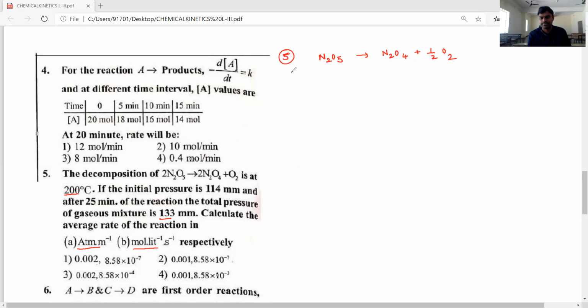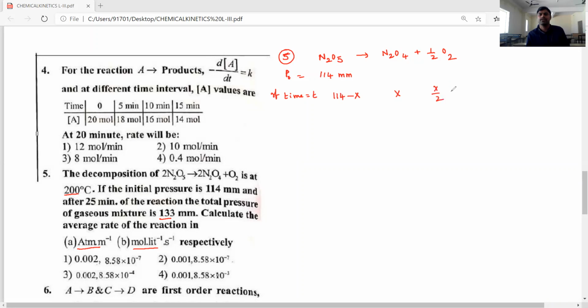Now the initial pressure P naught is equal to, initially only N2O5 is present, so its pressure is equal to 114 mm. Okay, at time t, the total pressure will be 114 minus x: the decreasing pressure is x, and automatically the pressure of N2O4 formed is equal to x, and the O2 pressure formed is x by 2.